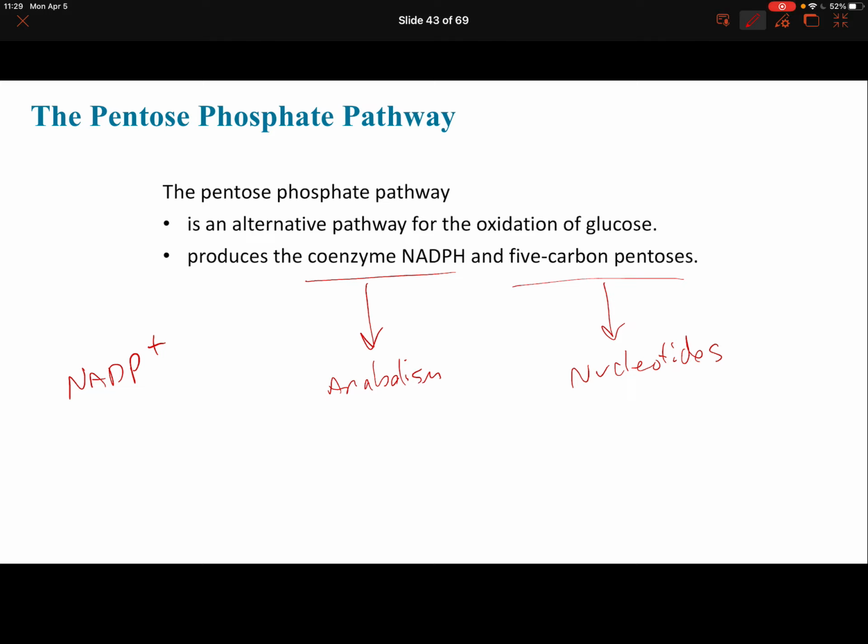So NADP, another important coenzyme. But again, it's produced as part of the pentose phosphate pathway and not part of glycolysis. In glycolysis, we're using NAD plus and we're making NADH.